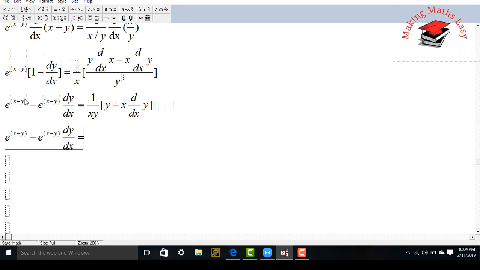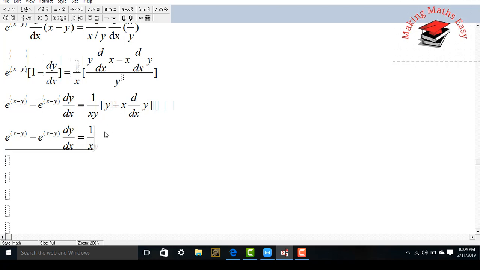Which is equal to 1 upon xy multiplied by y. So here I can cancel one y, so y will cancel in this case, as I am multiplying and dividing by y, so it will be 1 upon x.